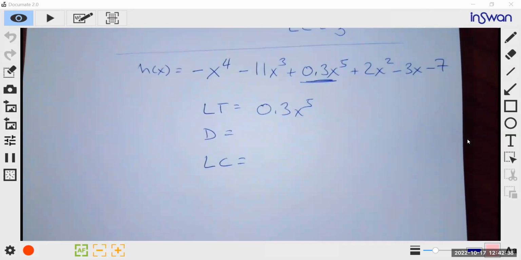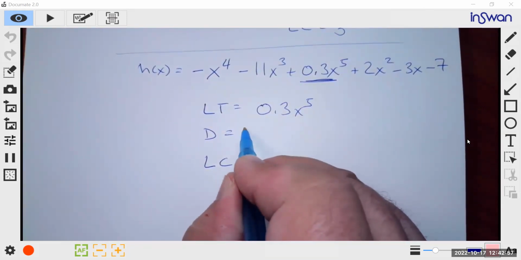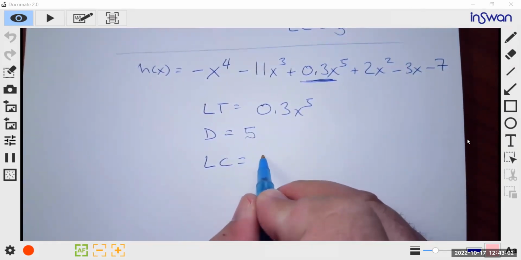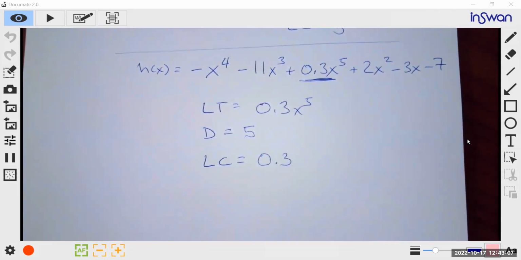Right, there's the highest exponent, so that's the leading term. Whenever you have a polynomial, you first always put it in decreasing order from the highest exponent to the lowest, because you'll have some questions like this on the homeworks and tests. So the leading term is 0.3 x to the fifth. The degree is... leading coefficient. 0.3. The coefficient is the number in front of x.